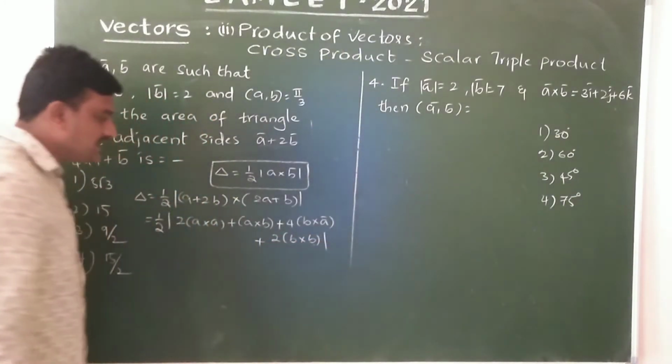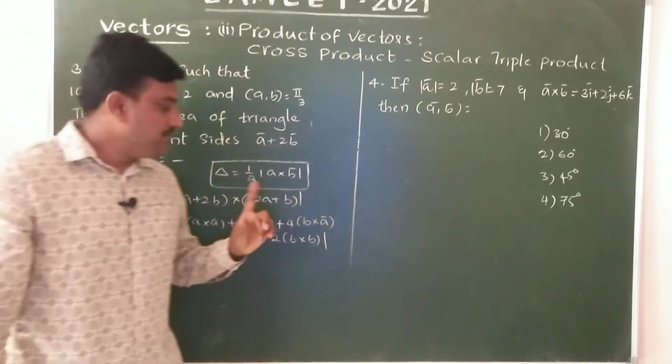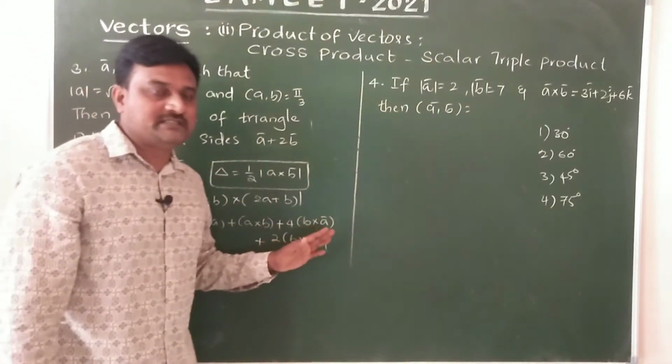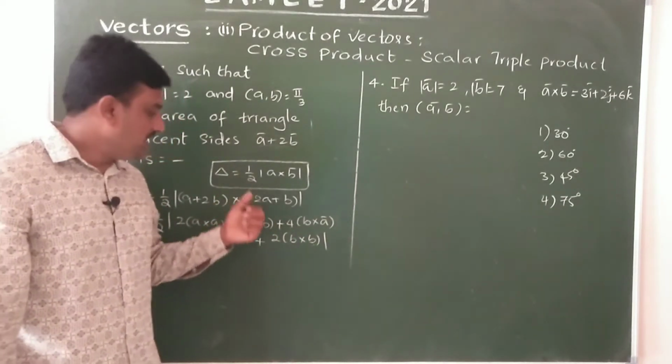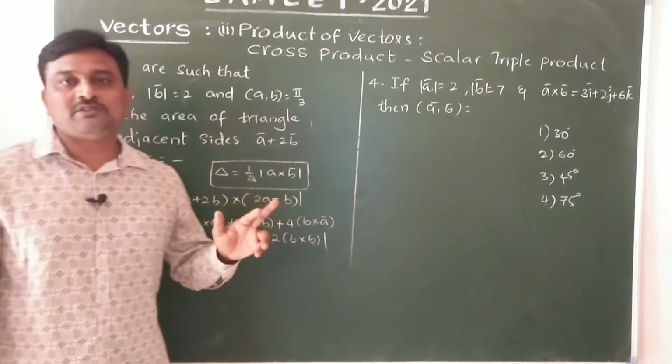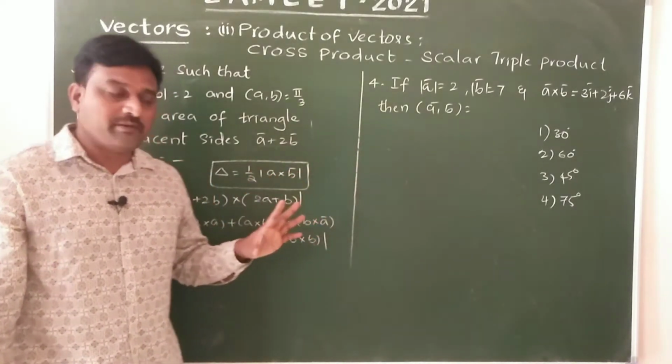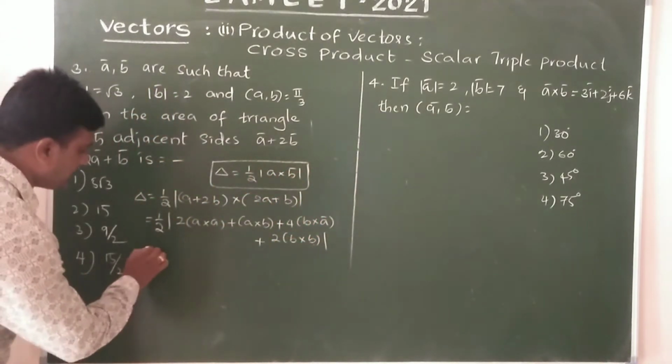In vectors, A × B is not equal to B × A, remember, these are cross products. A · B equals B · A, but A × B is not B × A, remember. So write in order.